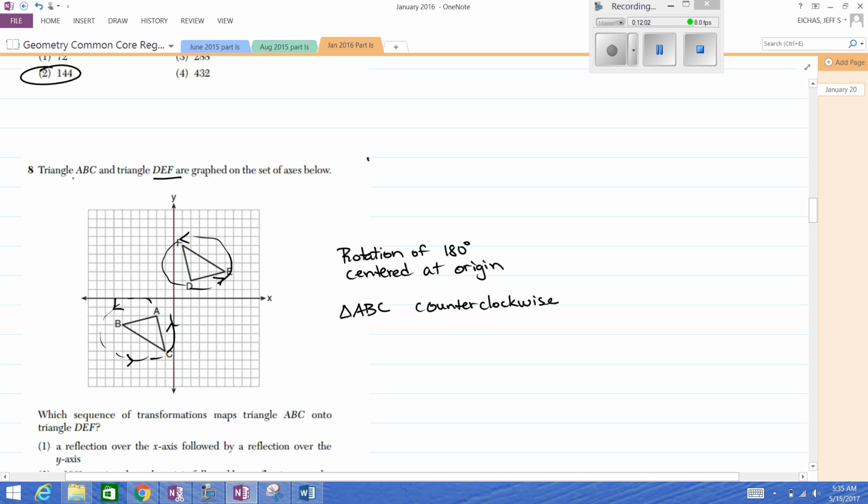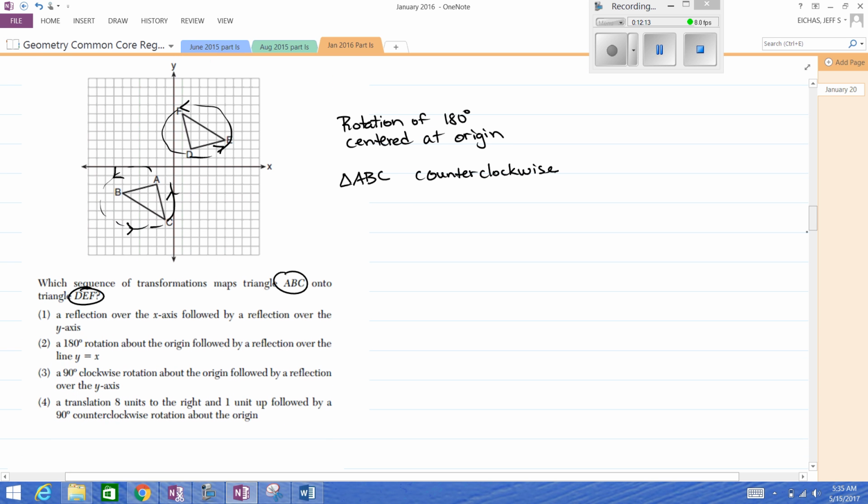You've got to get the order of the letters from right here: maps triangle ABC onto DEF. So now you get your corresponding points from that. They did want us to go D to E to F, and that's also a counterclockwise arrangement of the letters.